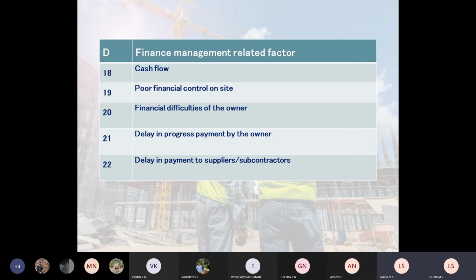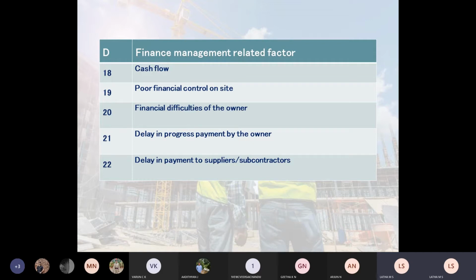And poor financial control on site. Yes, financial control is very important. You should have better control on the financial aspects. Financial difficulties of the owner are a very big concern for the overrun of the cost estimation.